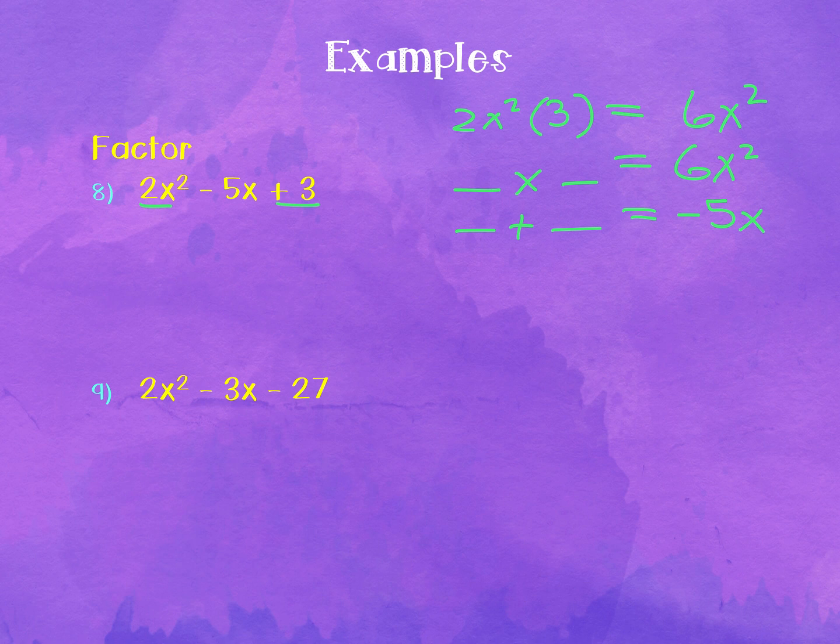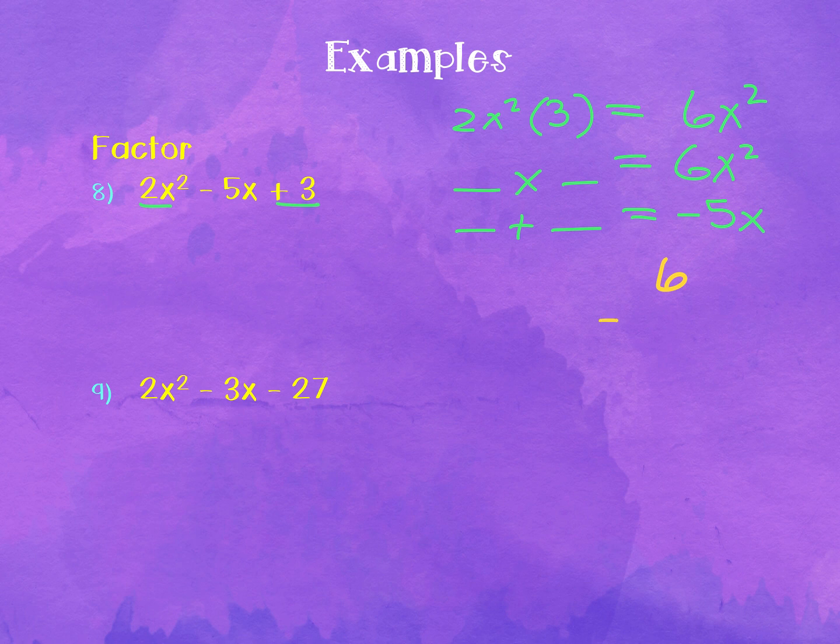My factors are going to be negative 1, and they both have to be negative in order to get a positive 6 and to get a negative 5 in the middle. So it's negative 1x. And again, if you'd rather just think of this so you don't have so many x's here, think of how you are going to multiply to get the 6.